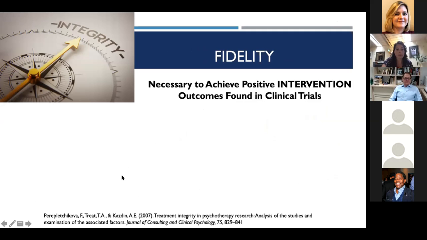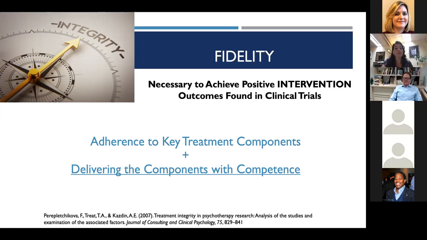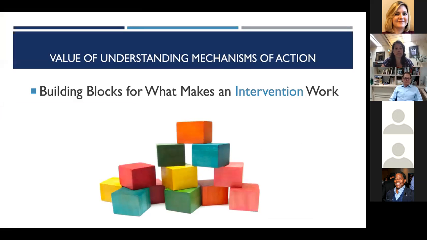What we mean by that is we want adherence to those key treatment components, and we want to deliver those components with competence. When we do that, we say that we have treatment integrity, and we can hopefully assure that the treatment is being delivered the way we intend in order to achieve those positive clinical outcomes. To do that, we need to understand what our key components are.